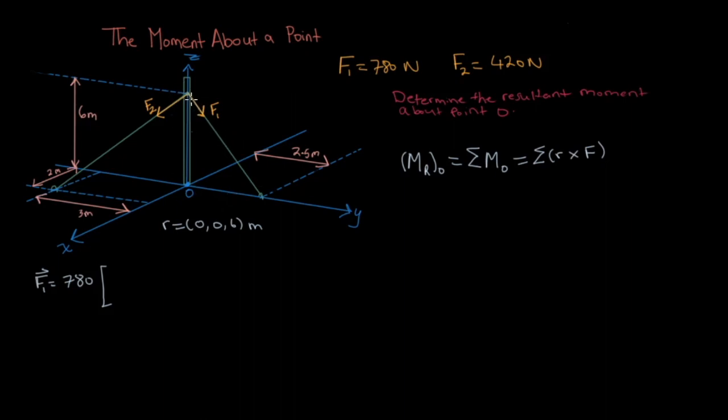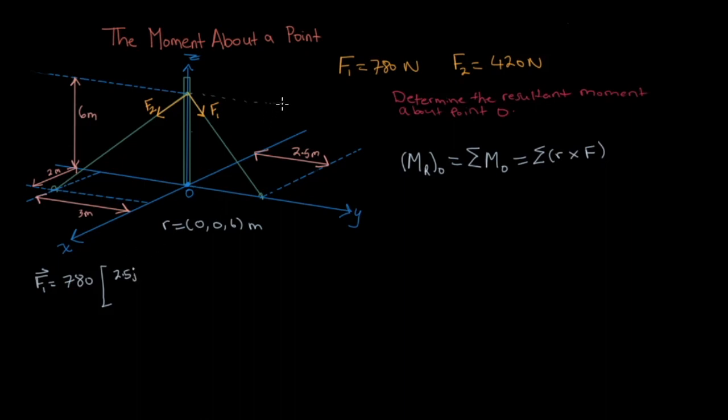If we look over here, it doesn't have an x direction, so the first coordinate will just be 0. It won't have an i coordinate. We're going to be putting this in Cartesian vector form. It does have a y distance. It goes along the y-axis about 2.5 meters, so we would write 2.5 j.